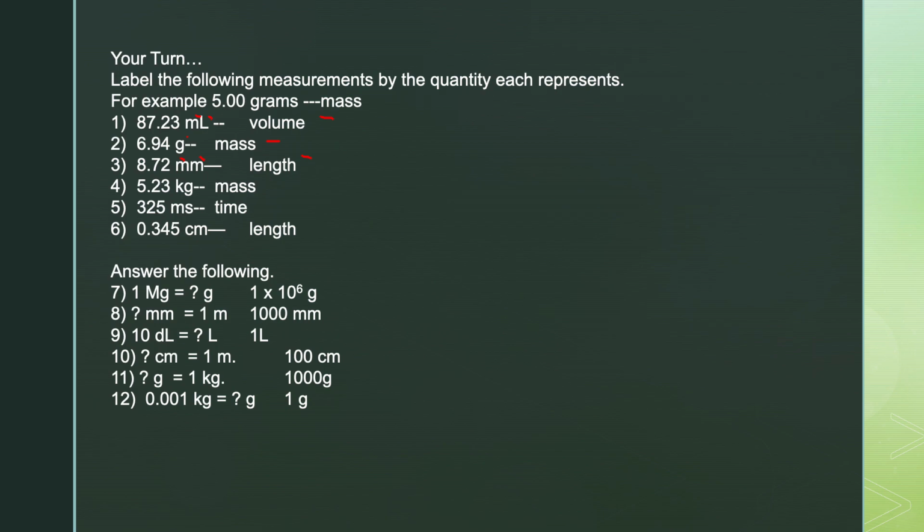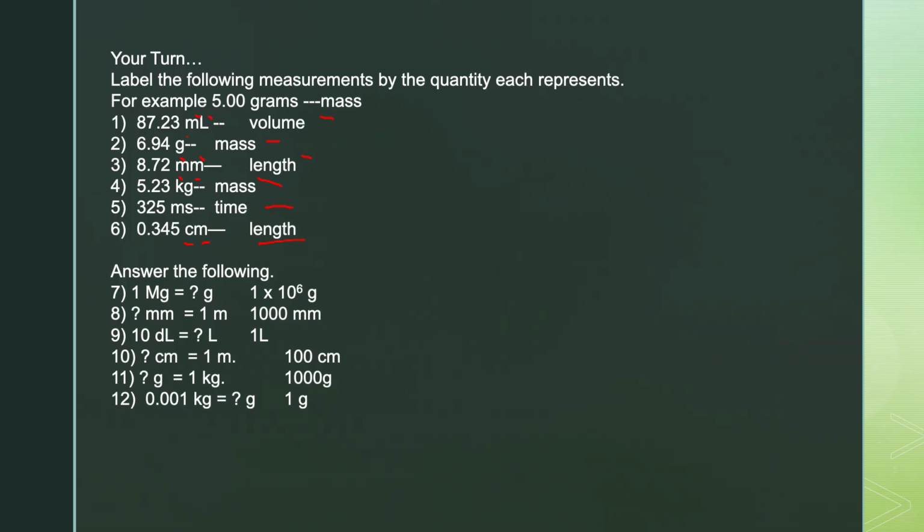On number 4, we have our prefix kilo attached to a gram, so kilogram is measuring mass. Number 5, I have the prefix milli attached to my base seconds. That's a millisecond, which is measuring time. And then number 6, my prefix centi attached to the base unit meter, so centimeter is measuring length.